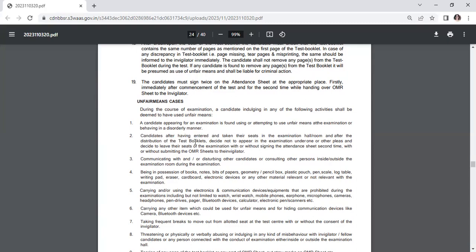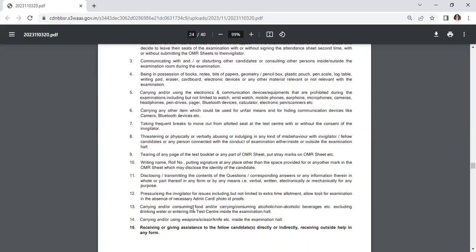Candidates, after having entered and taken their seats in the examination hall, and after the distribution of the booklets, decide not to appear for the examination under one of the pleas, and decide to leave their seats or the examination with or without signing the attendance sheet a second time, with or without submitting the OMR sheet to the invigilator; communicating with or disturbing other candidates; being in possession of books, notebooks, papers, or carrying or using electronic devices. This I have already discussed.